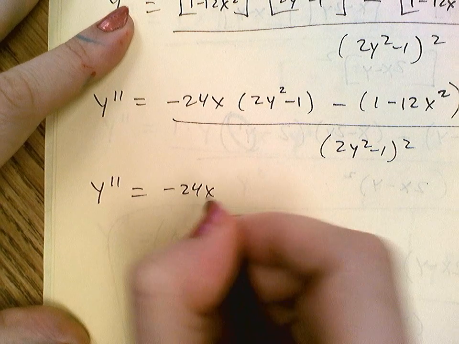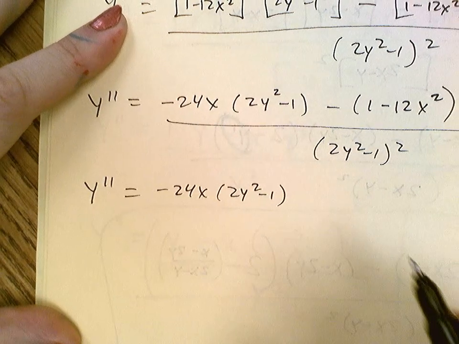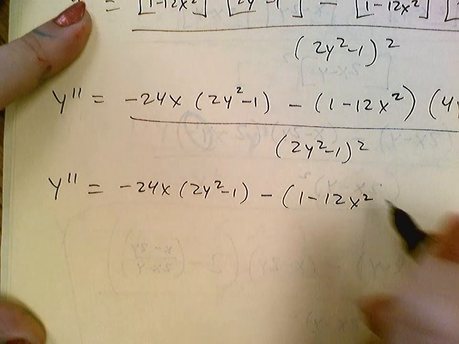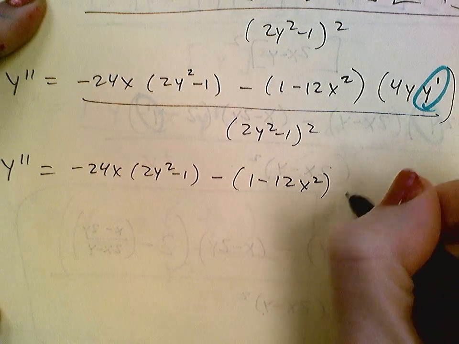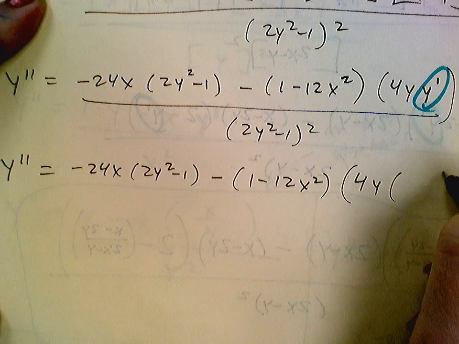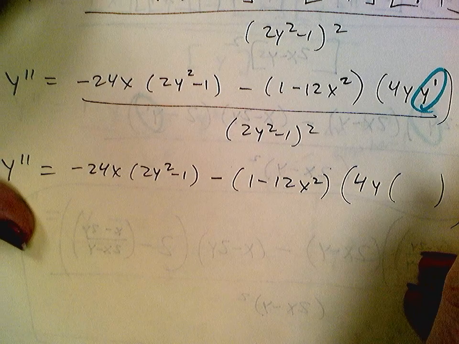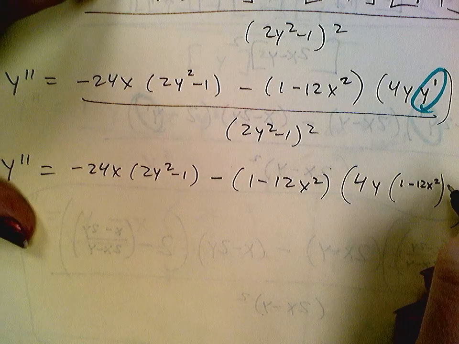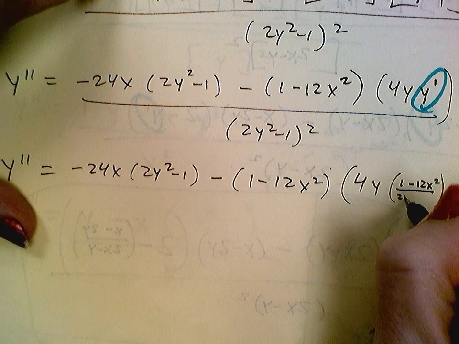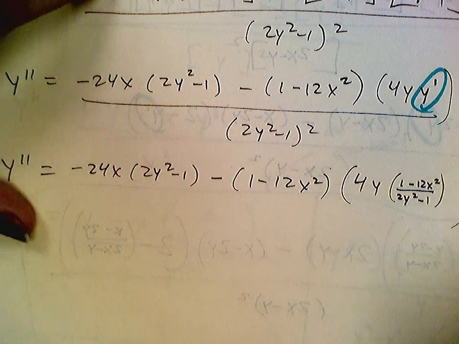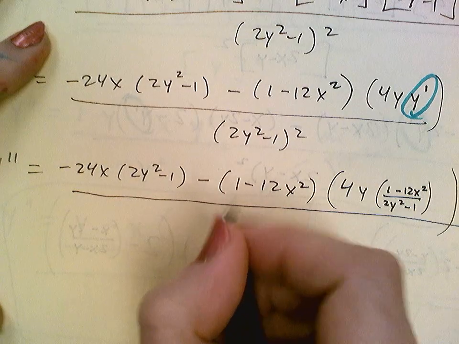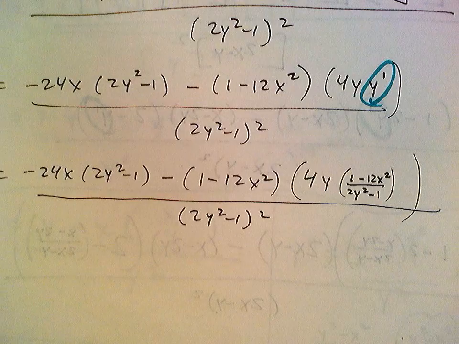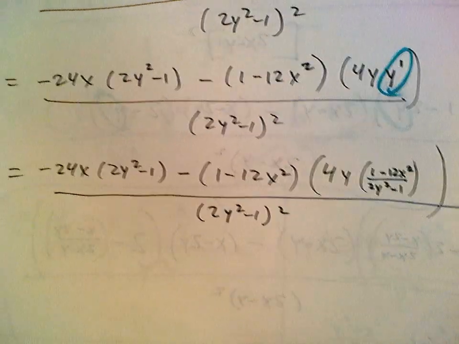Negative 24x. Okay, and then y prime, oh my god, is 1 minus 12x squared over 2y squared minus 1. Okay, and then we plug in 0, 0.